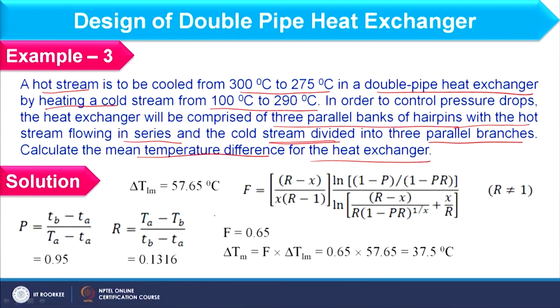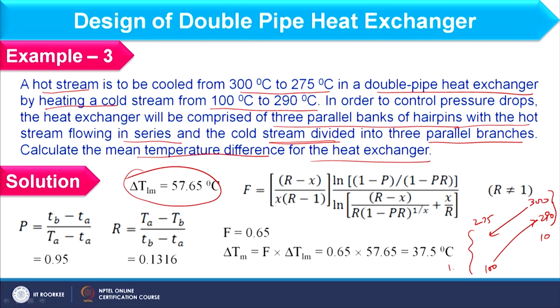Here I am having LMTD for counter current flow. So, you can simply understand that hot fluid is moving from, let us say, 300 to 275 and cold fluid is moving from 100 to 290. So, here I am having temperature difference as 10 and here I am having temperature difference as 175.